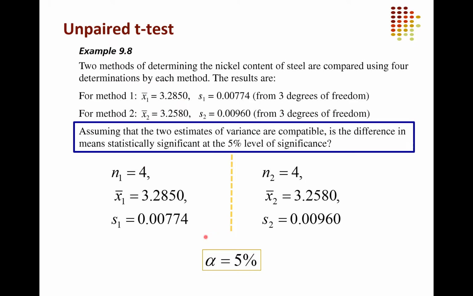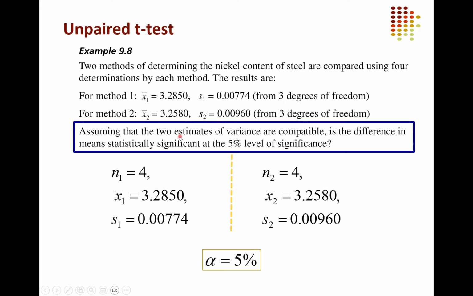Okay, so here is the example. Two methods of determining the nickel content of steel are compared using 4 determinations by each method. The results give the mean values and standard deviations from the samples, and we have 3 degrees of freedom.